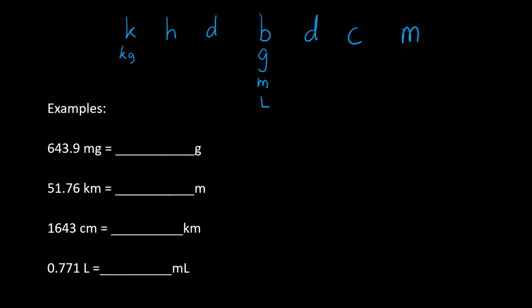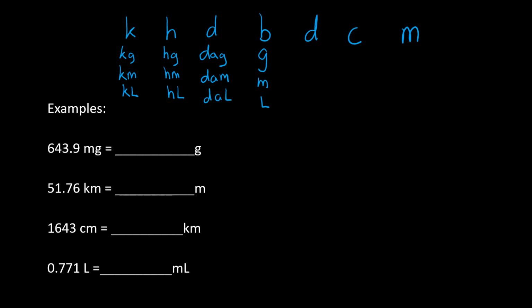So 1,000 grams is a kilogram, 1,000 meters, a kilometer, 1,000 liters, a kiloliter. Same thing for hecto, hectogram, hectometer, hectoliter. The deca is DA, so it's DAG for decagram, DAM for decameter, and DAL for decaliter.